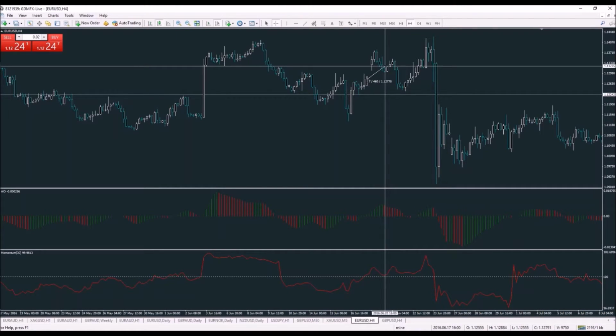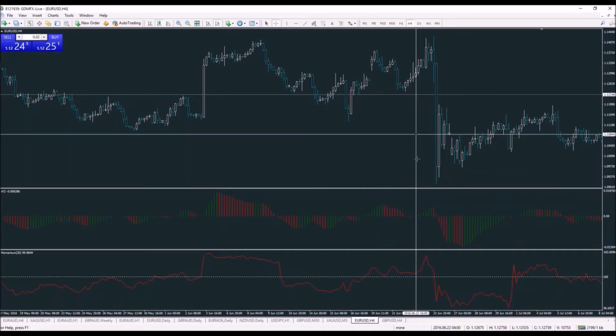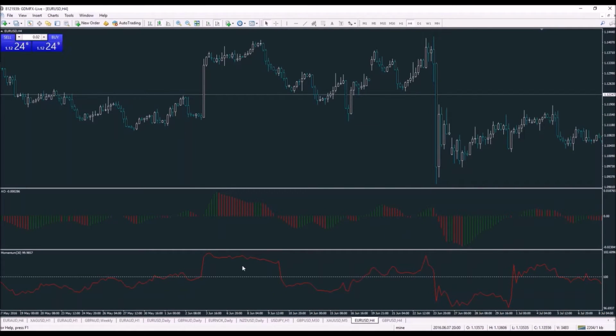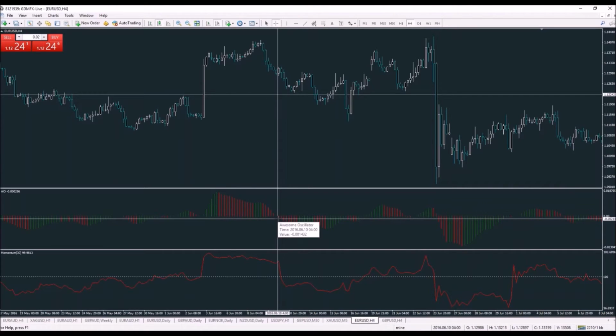That makes it about 40 to 46 pips of profit in a matter of 7 sessions. It's a pretty good profit, which some more risky traders could even take as an opportunity, but me personally, I would wait for another crossover here like this one and another cross on the zero bars on the awesome oscillator. Same case here.